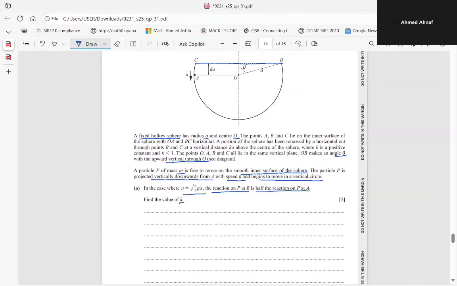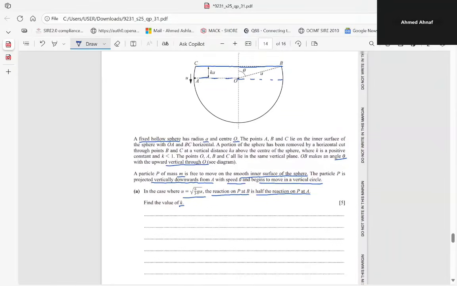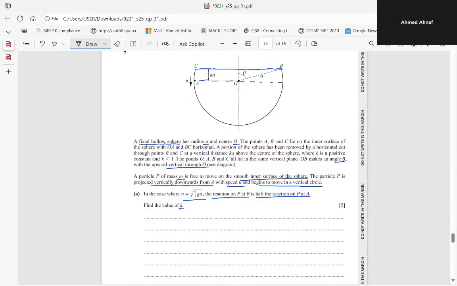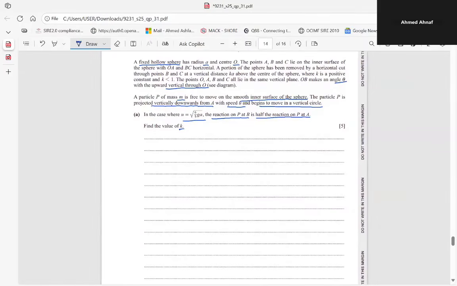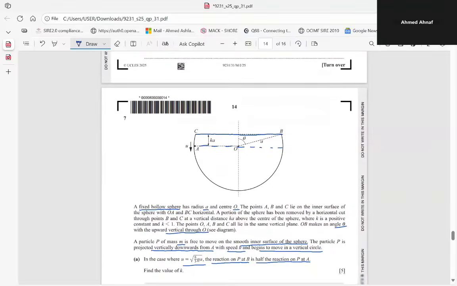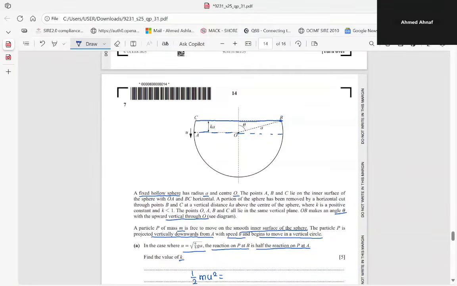So at A, we're going to take the GPE relative to A. Obviously at A, there's no GPE. There's only KE, so that's just going to be ½mu². And that's equal to the energy at B. At B, it's still moving.